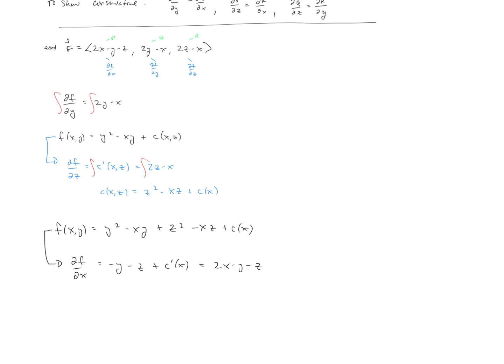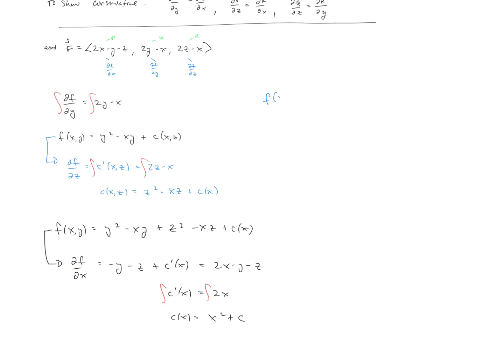And this is going to tell us that c prime of x is going to equal 2x. If I go ahead and integrate that now, my c of x will be x squared plus your normal constant c. And so I'm ready to come up here now and put this all together.